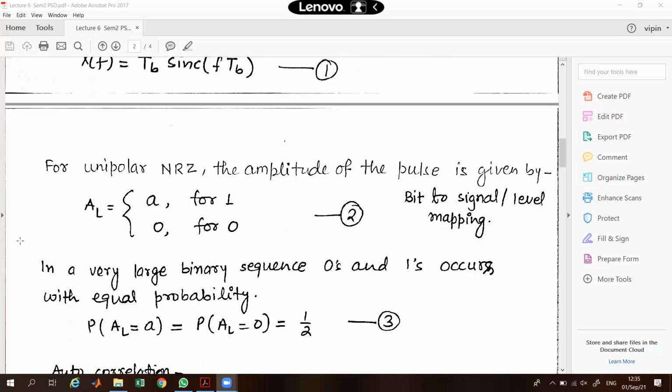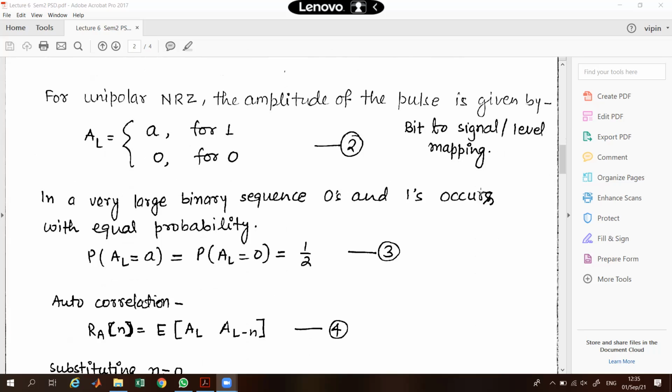Now, for a unipolar NRZ, the amplitude of the pulse is given by A_L equals A for 1 volt and 0 for 0 volt. So what we are doing is basically changing the signal from bit to a signal level, or mapping.